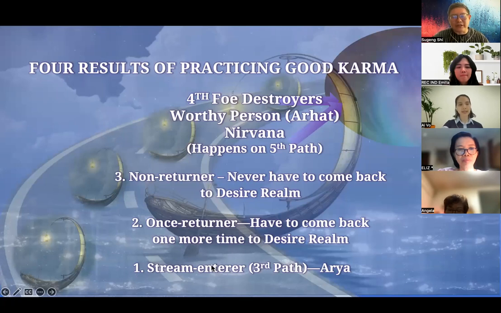Once returner means you come back once to the desire realm and the form realm. The non-returner means you only return to the formless realm. And finally, on the fifth path, which is the path of no more learning, you become an arhat, or foe destroyer, or enemy destroyer, and you enter into the nirvana state.